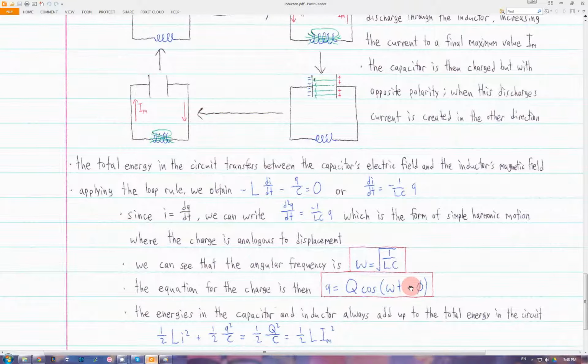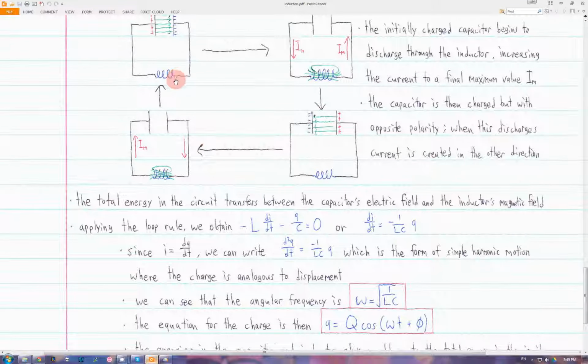And remember, the phase angle is something we use if the charge does not start at its maximum. As you can see in this case, when t equals 0, it's cosine of 0, which is 1, so Q is equal to the maximum charge initially, which is the situation that we described over here.